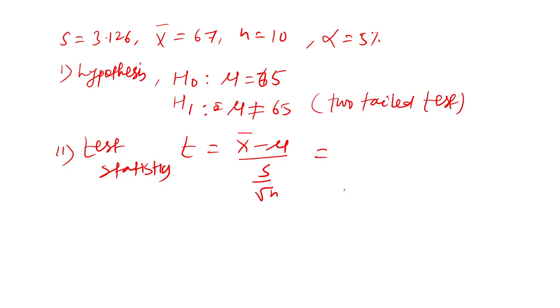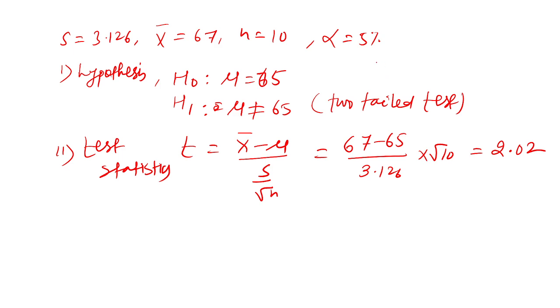It's 67 minus 65 upon 3.126 into root under 10. So how much will it come? It's a fundamental question actually. I think it will come 2.02.